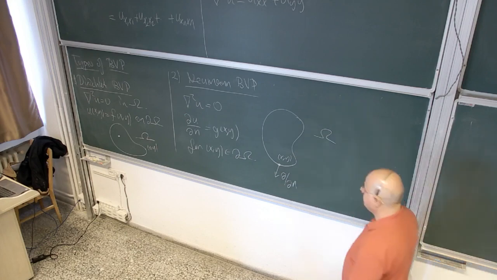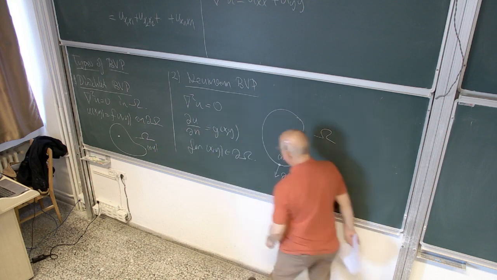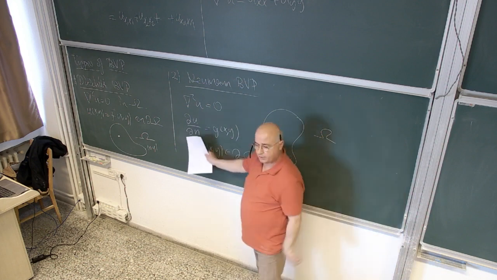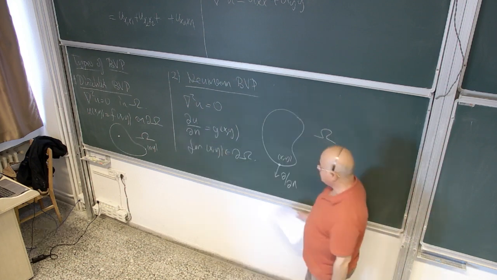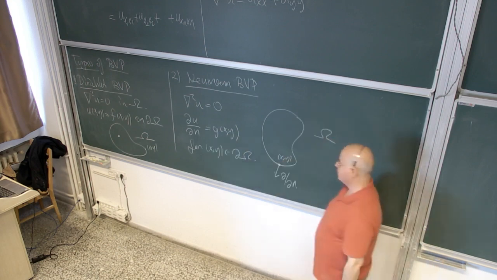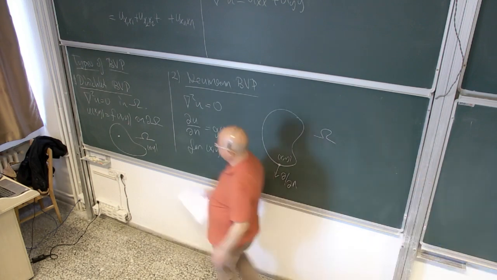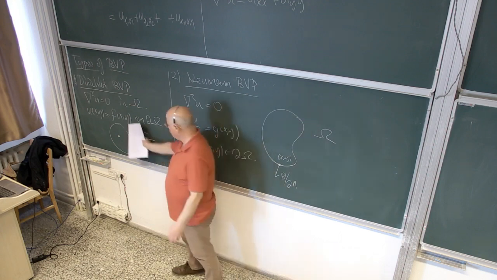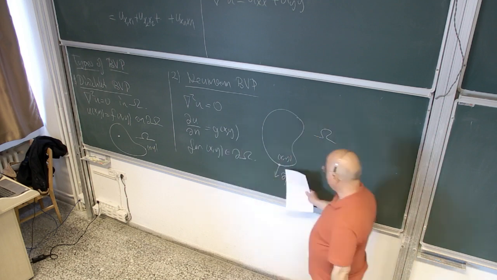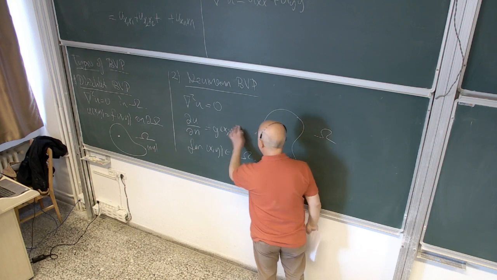This tells us that the derivative of u in this direction, the directional derivative in the outward normal, is equal to this given function. Here there is no derivative, just the values of u equal to this f, but here the derivative of u at boundary points should be given like this.